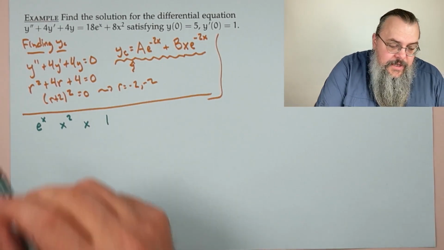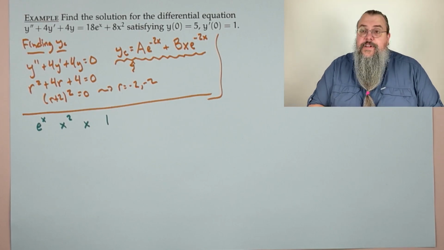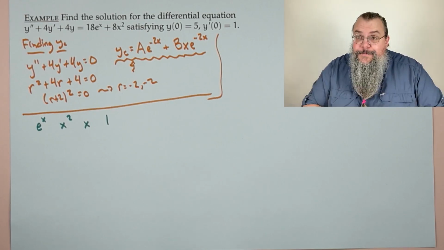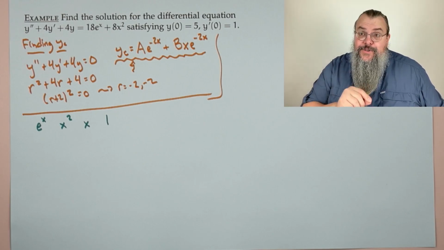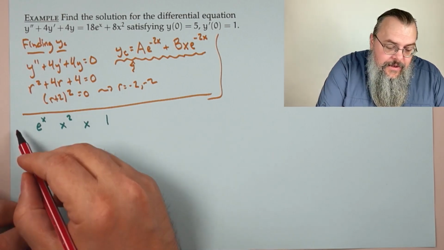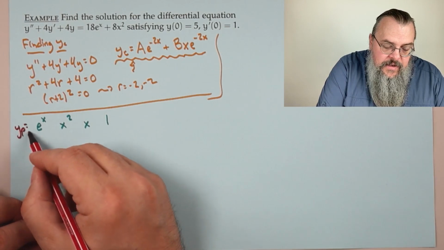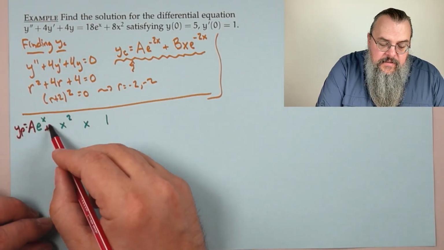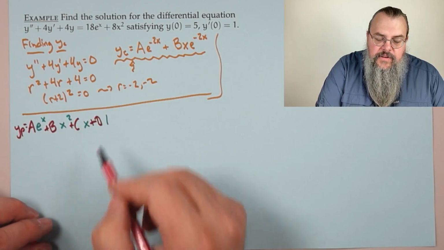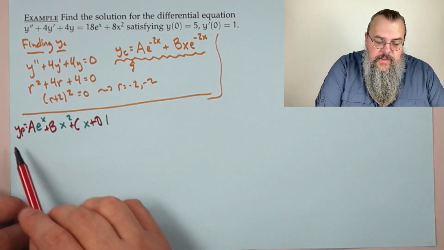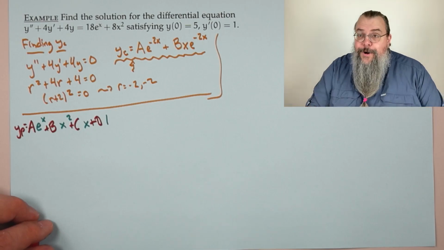So we come to the conclusion that this gives us the form for our particular solution. Our particular solution looks like some constant a times e to the x, some constant times x squared, some constant times x, plus some constant times 1. Okay, so there's our form.